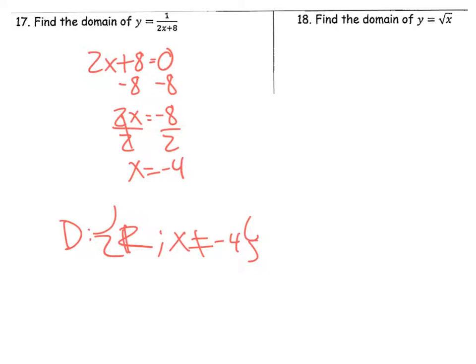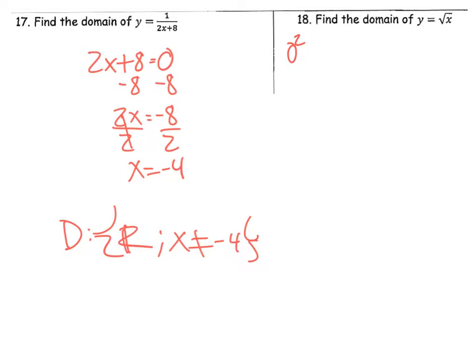Can we have a negative number in a square root? No. Can we have a 0 in a square root? What's 0 times 0? Square root is the opposite of squaring something. And if 0 times 0 equals 0, then the square root of 0 equals 0.